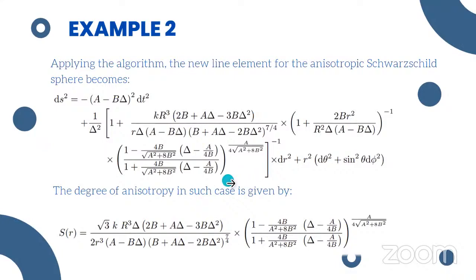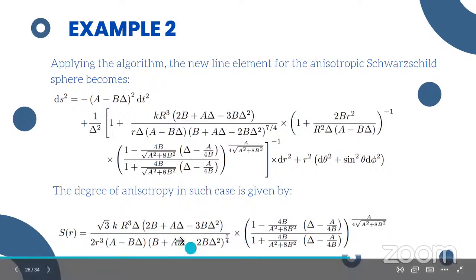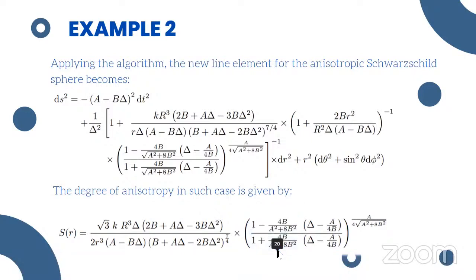Now, similar to example 1, we compare these two equations, one for the anisotropic sphere and one for the isotropic sphere, and we get the degree of anisotropy, which is given by the second equation. Now here we see that this degree of anisotropy expression contains the terms A, B, capital R and K, by varying which we get different plots of S versus R.